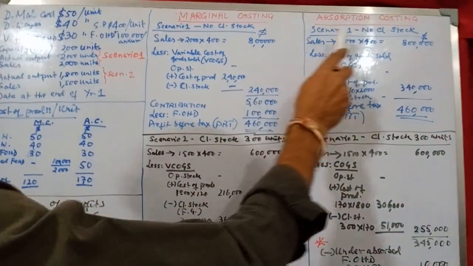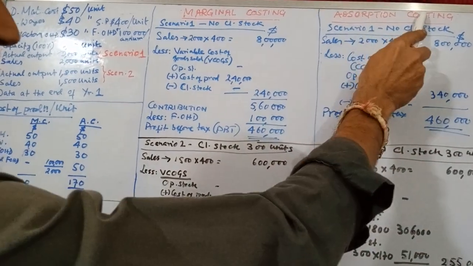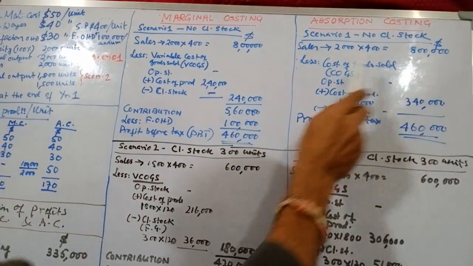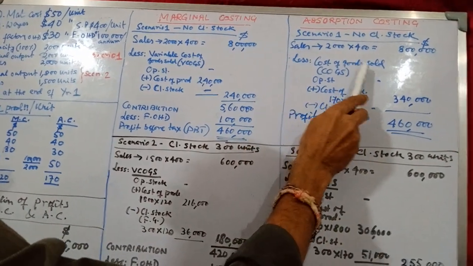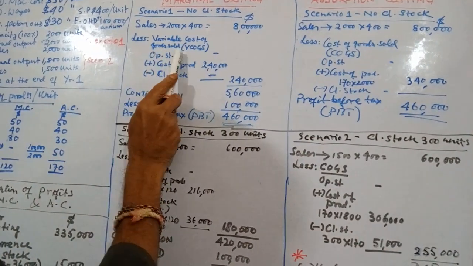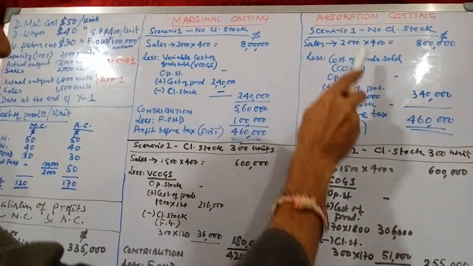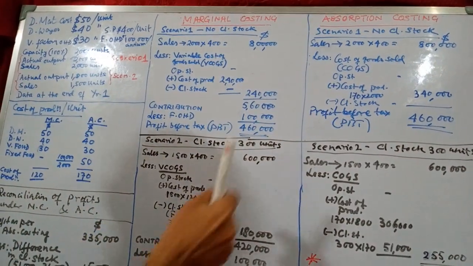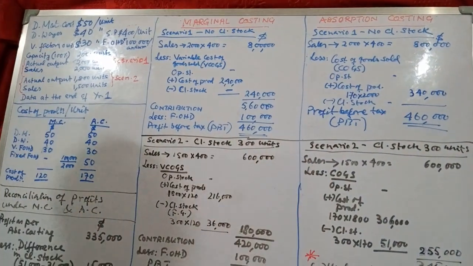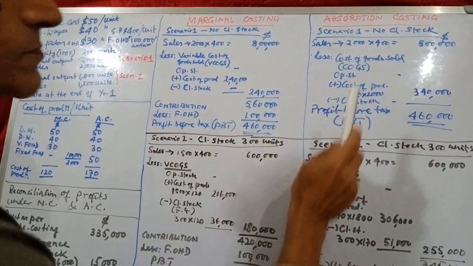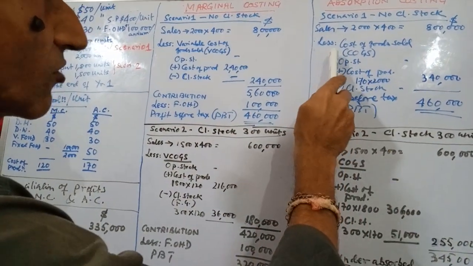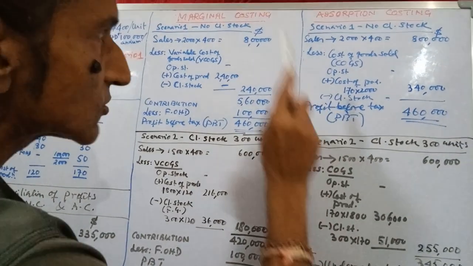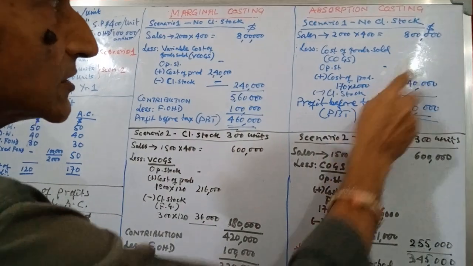And scenario 1 in absorption costing, in this section, sales remains the same, less cost of goods sold, not variable cost of goods sold. Remember, in case of absorption costing, it is cost of goods sold because we are considering fixed overhead as well. So less cost of goods sold, again the same format, opening stock plus cost of production less closing stock. No opening stock, 0.